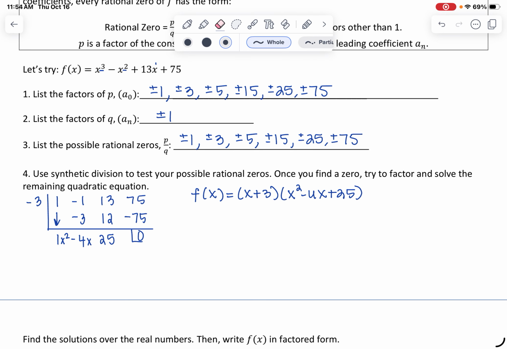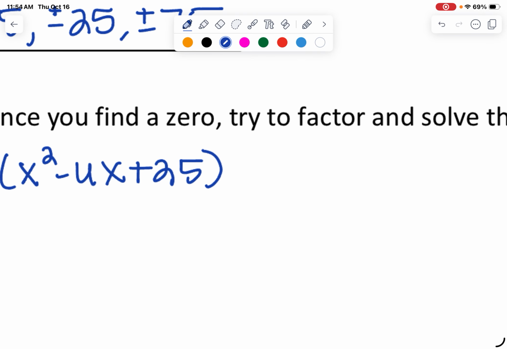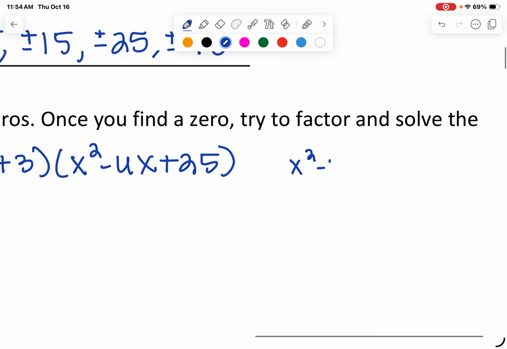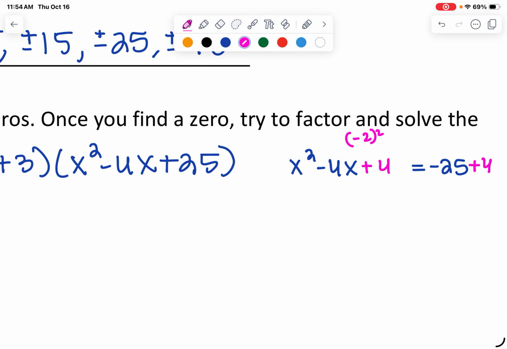So now, in order to solve that, I have to use either completing the square or the quadratic formula. Since my lead coefficient on this quadratic is 1 and the middle term is even, I'm going to complete the square. So I'm going to do x squared minus 4x, subtract 25 from both sides, is equal to negative 25. Take half of b, which is negative 2, and square it. So that's plus 4 plus 4.